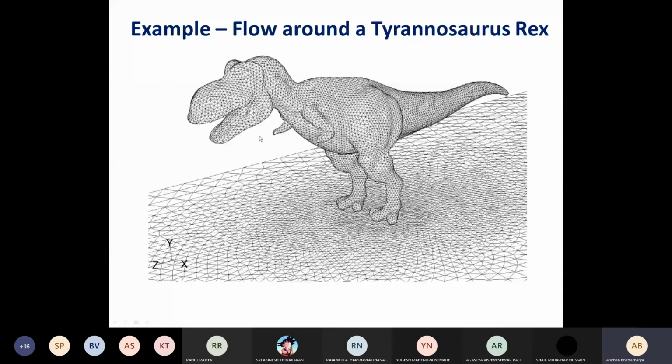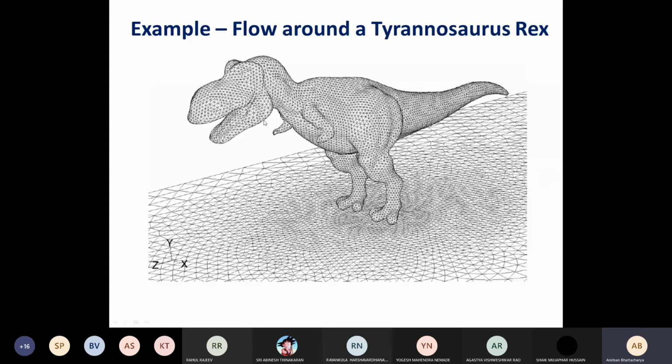Okay. So again, in this case, taking the domain is quite difficult. Not as simple as the bottle filling problem, as I was saying. So you need to consider a very large domain. Otherwise, what will happen if you take a very close domain, close to the body, is that the flow will get modified because of the presence of the dinosaur, and as a result, you cannot take proper boundary conditions because you will not know what the velocity profile is.